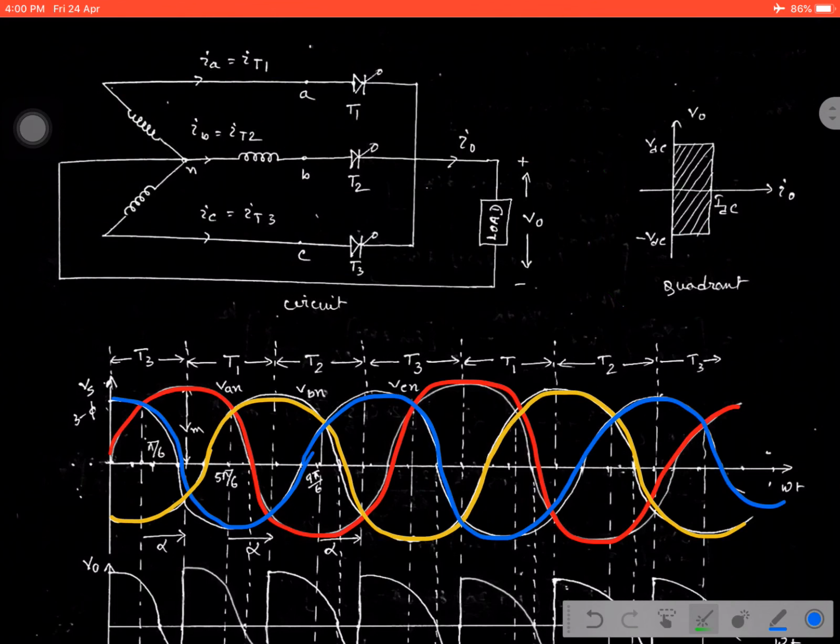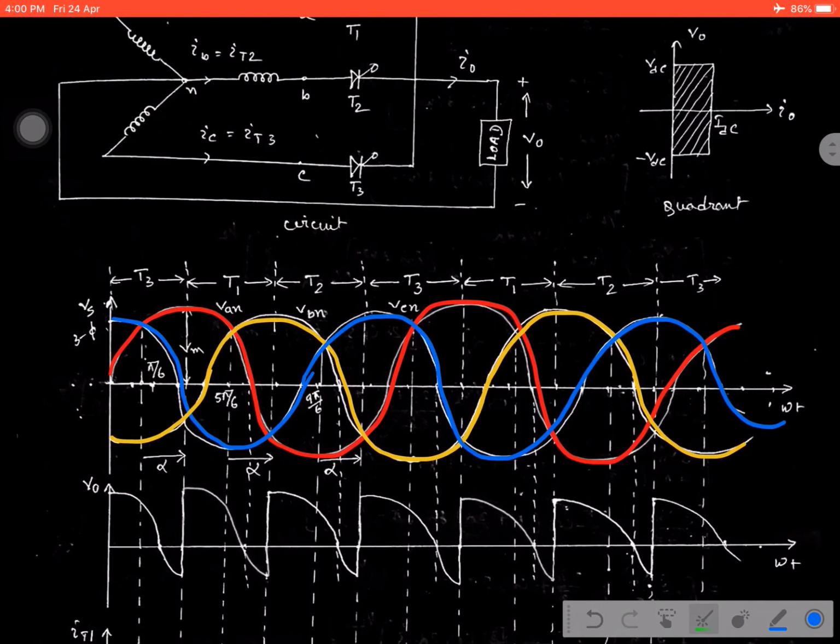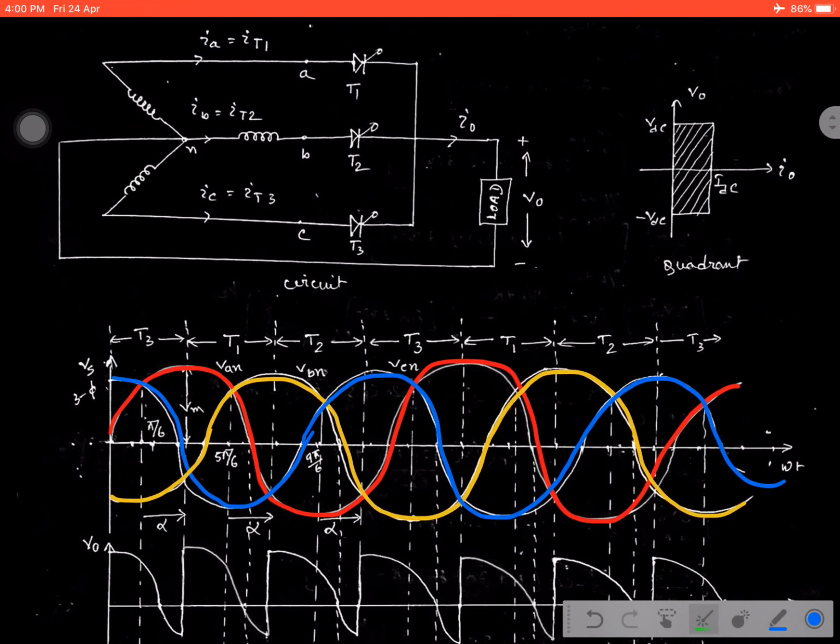Okay, now go to the operation. Before going into the operation, we first understand what triggering pulse we should apply for the switches. See, T1 is connected to phase A, right? T2 is connected to phase B, and T3 is connected to phase C, right?